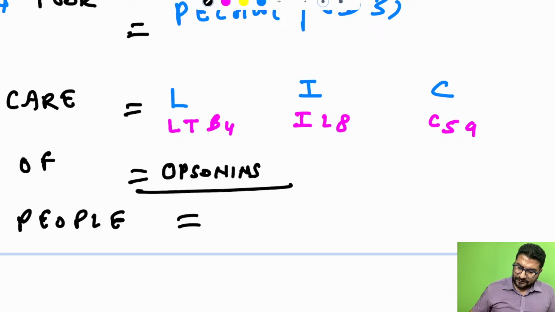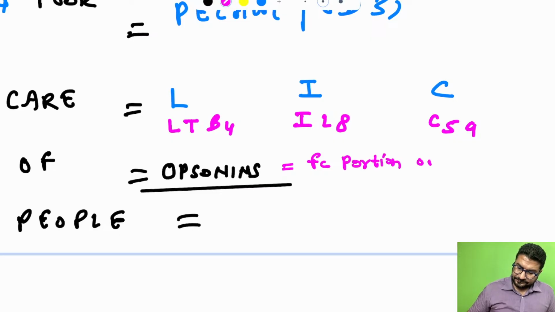Now what are opsonins? These are proteins or molecules. So we have the Fc portion of IgG, C-reactive protein, C3b and fibrinogen.